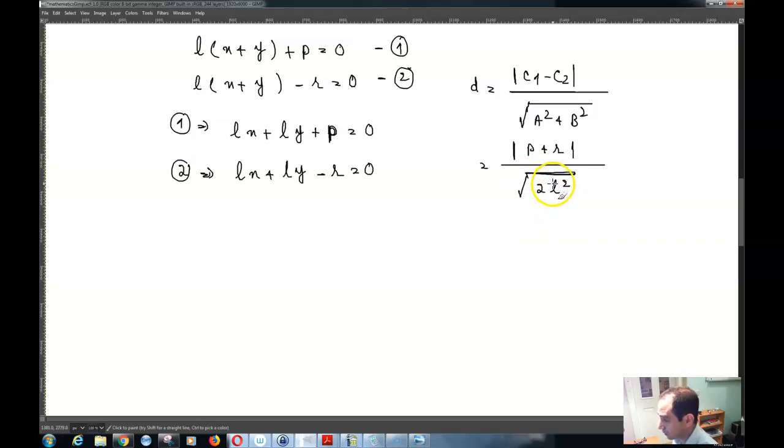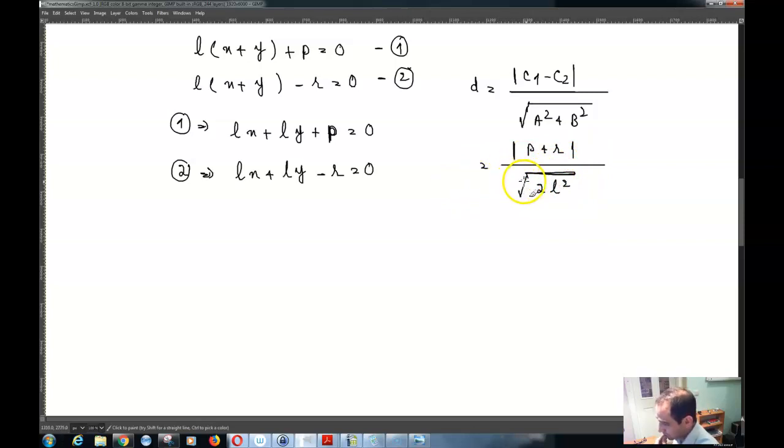And so you would get, depending on whether L is positive or negative, you would have to write this as basically plus or minus L if you take your L out.